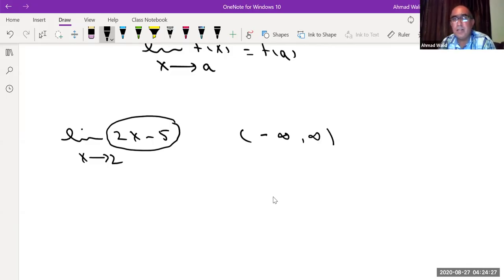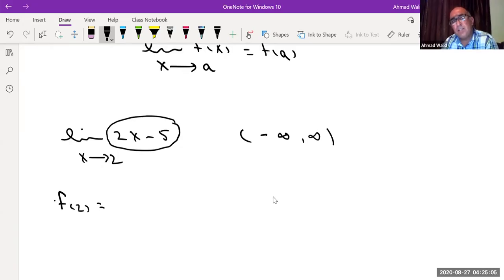And definitely 2 is in this set, correct? If 2 is in the domain, now instead of applying all rules of the limits, first writing it as a subtraction, then taking the constant to the front, going through 3-4 steps, instead of doing that, immediately I look for f of 2.